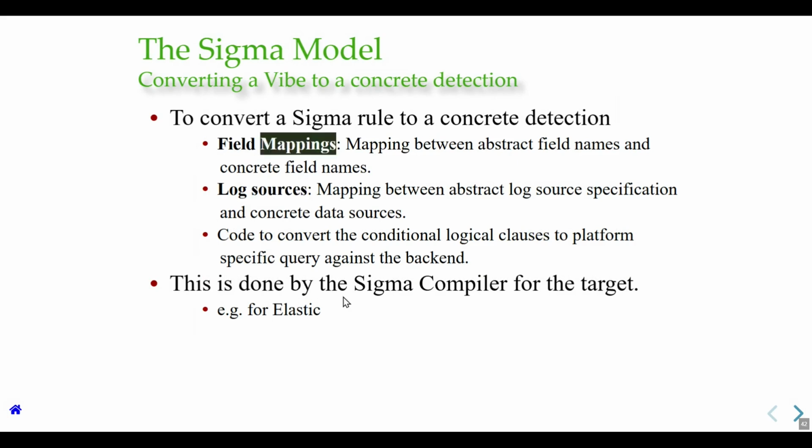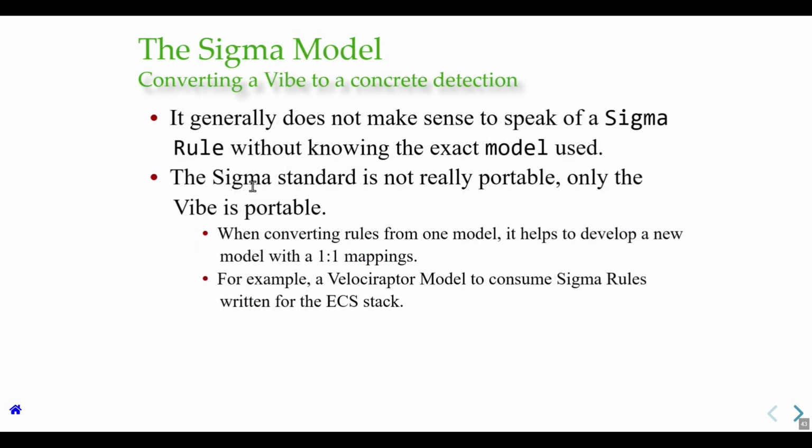We don't really compile anything in Velociraptor, so we don't use a compiler as such. We just directly feed the field mapping and log sources to the Sigma plugin. But it doesn't matter, it's kind of the same thing. In our terminology we use the word model to convey this self-contained, self-referential model that we can use to write Sigma rules.